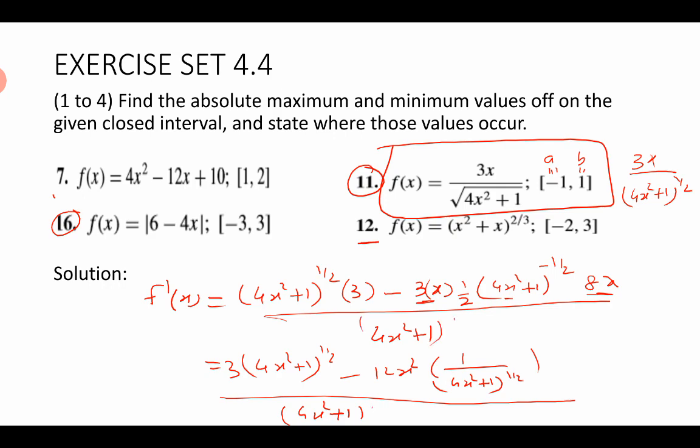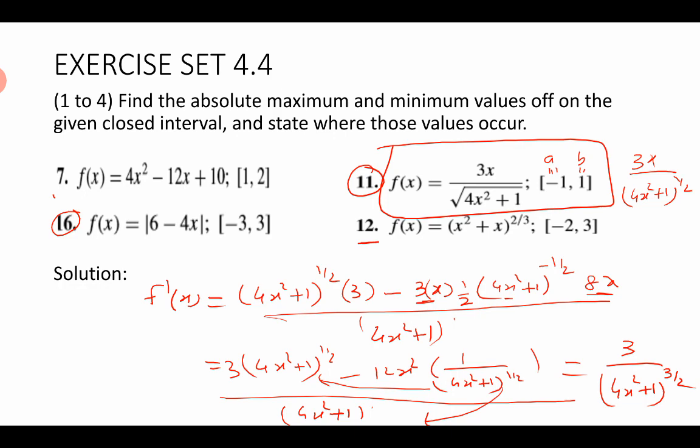Okay. Now finally simplification, take LCM here, cross multiply, and after cross multiplication this joins here. When you simplify you will get this term, 3 over 4x square plus 1 whole power 3 over 2.